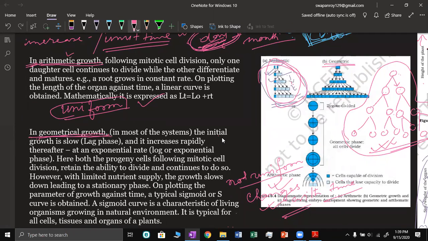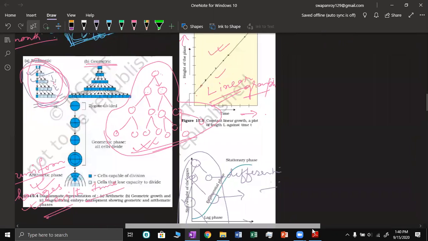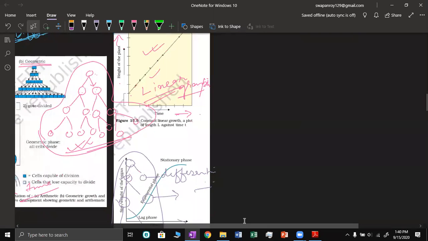This is what happens in most systems, say for unicellular organisms.